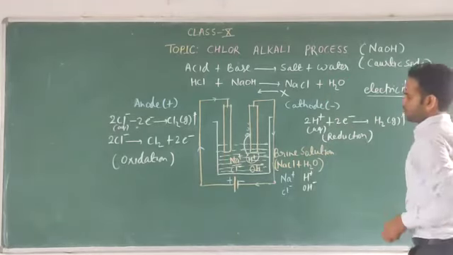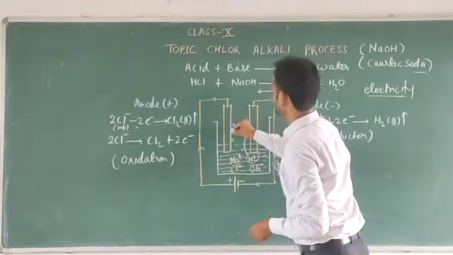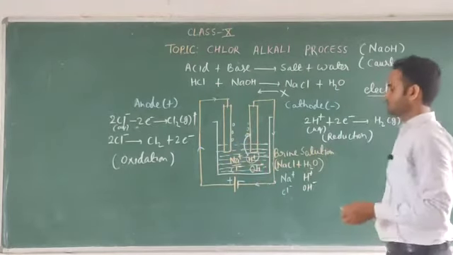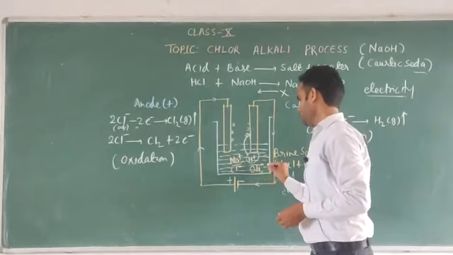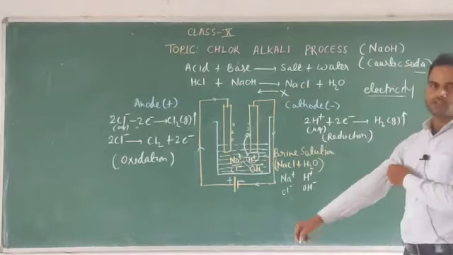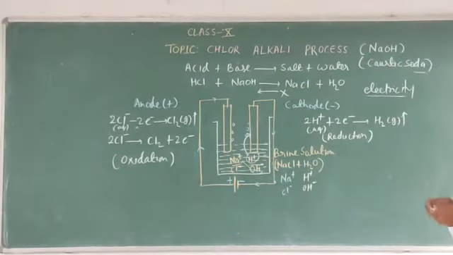After that, what is left in the solution? The Na plus ion and OH negative ion combine with each other to form sodium hydroxide, that is caustic soda. What will be the overall reaction?